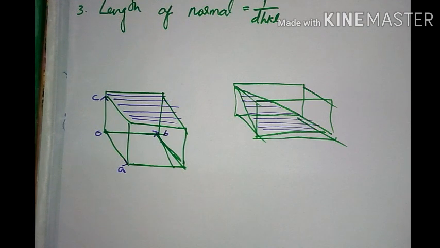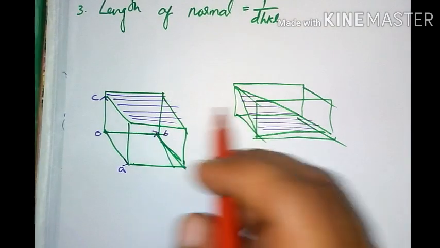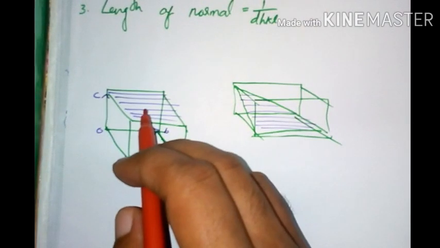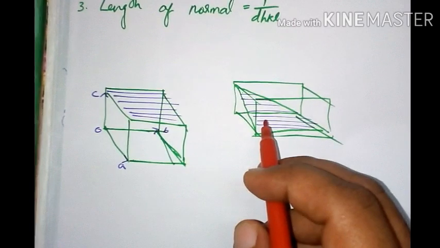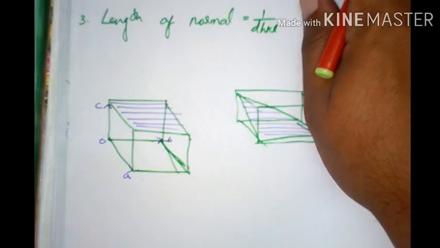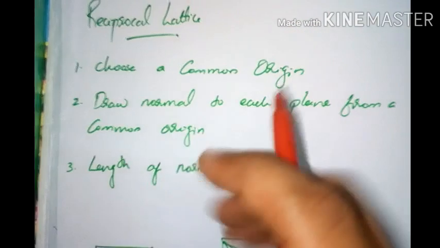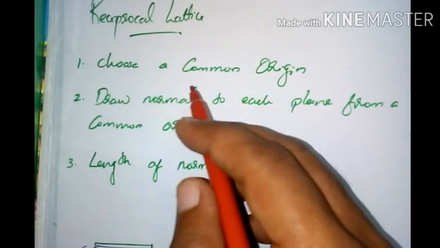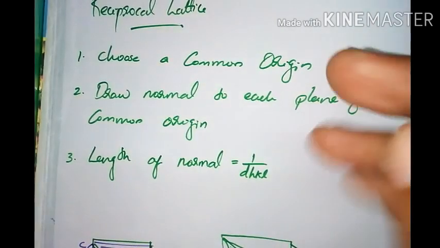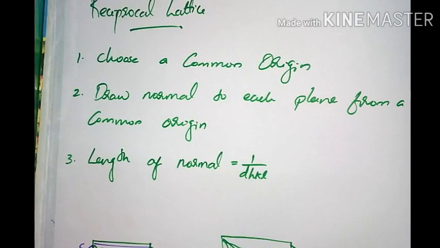So here we are trying to construct a reciprocal lattice from the direct lattice planes, like these planes available to us. This is a 001 plane, this is a 111 plane. In order to construct a reciprocal lattice, first we have to choose a common origin, and the origin can be chosen as per our convenience.